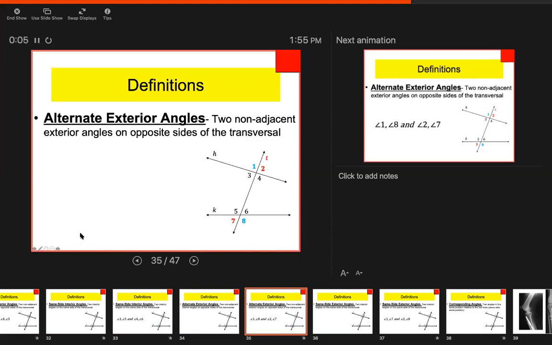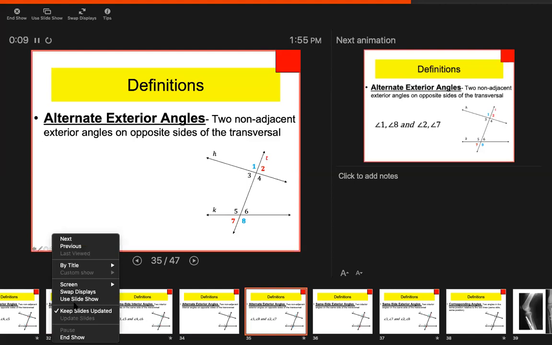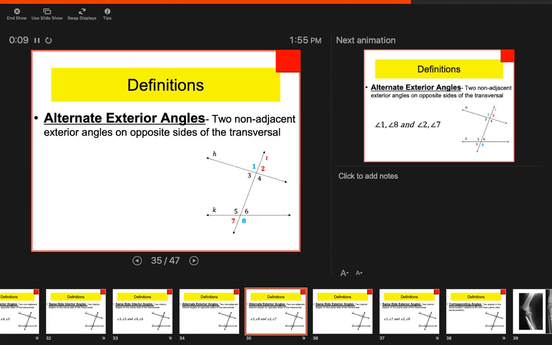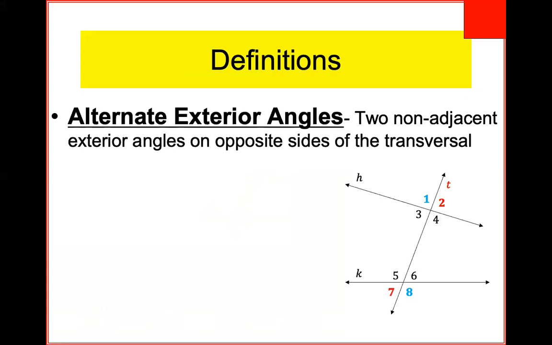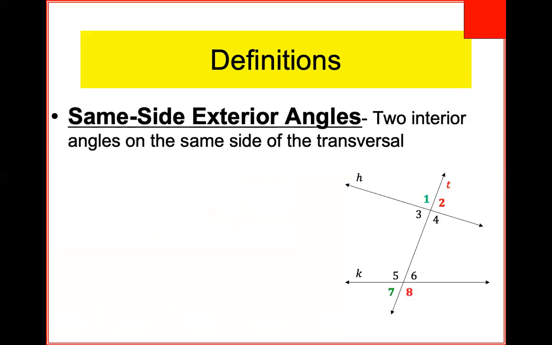Two non-adjacent exterior angles on opposite sides of the transversal. That is correct. That's all right, I put a T instead of an X. Jack gets a point. 1 and 8, 2 and 7.